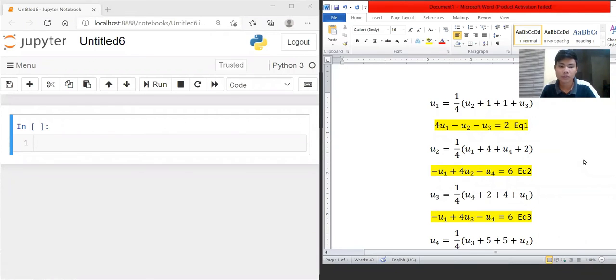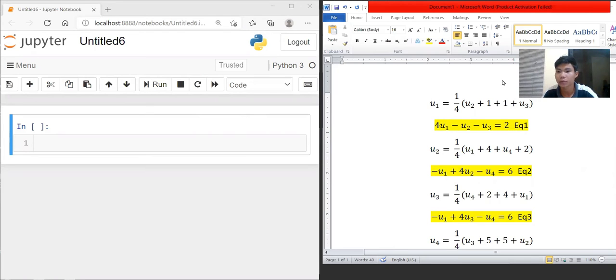So, after natin ma-solve yung solution ng ating problem by using Gauss-Seidel method, so now isosolve naman natin siya gamit yung Jupyter Notebook or yung Python Notebook. So, before tayo mag-proceed sa Python Notebook, i-derive muna natin ang ating 4 equations na nandun sa problem.